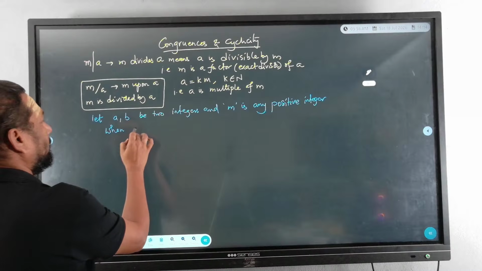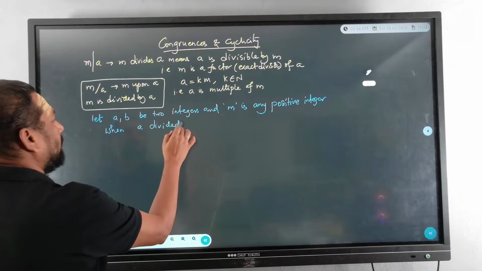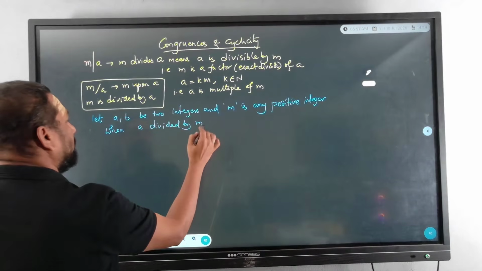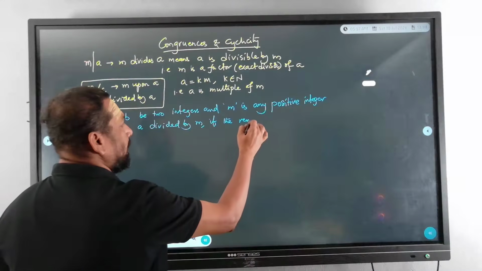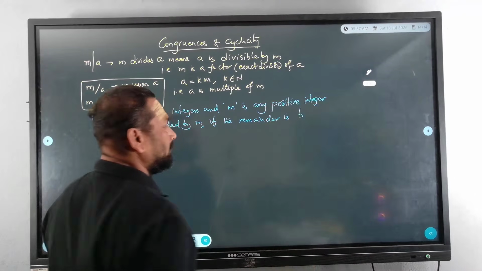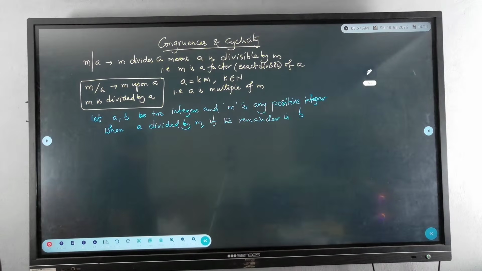When a is divided by m, if the remainder is b, then see, this is the important point.